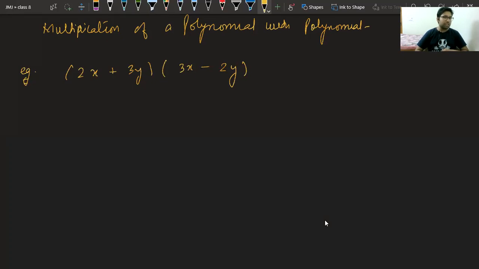I have given you an example already based on this, in the last to last class, in which we were multiplying two binomials. Please tell me how to multiply two binomials. Or if you have no idea, you can tell that also. But I think I have given you an idea.